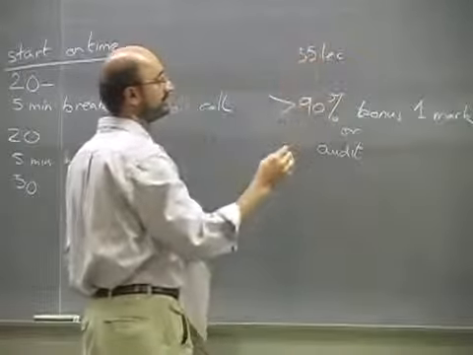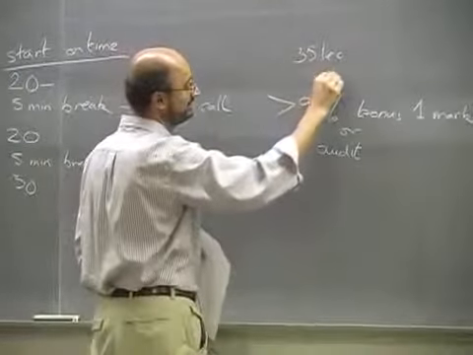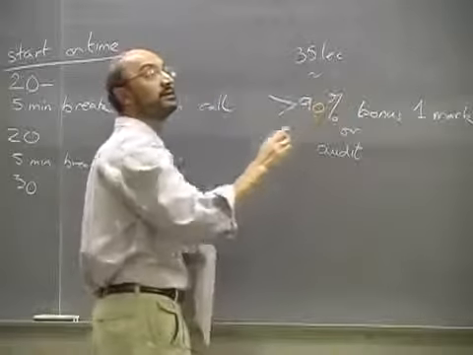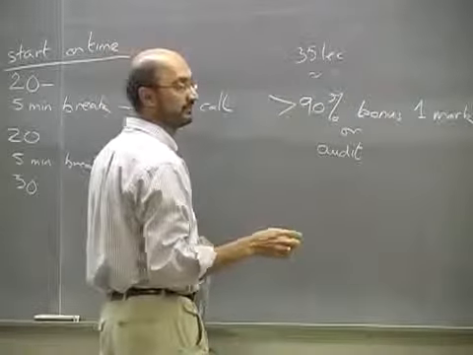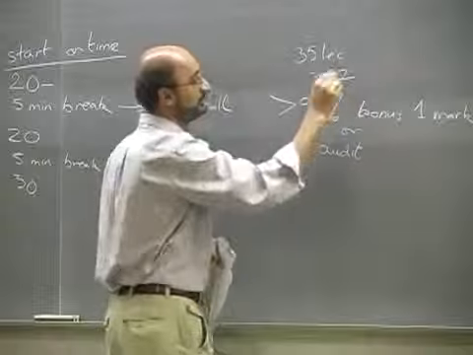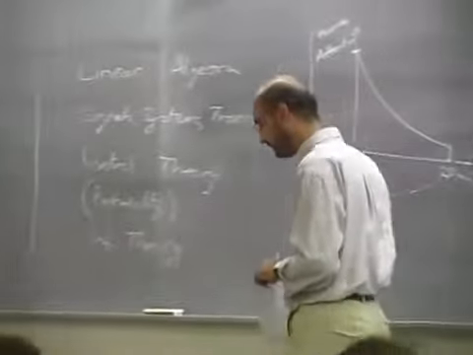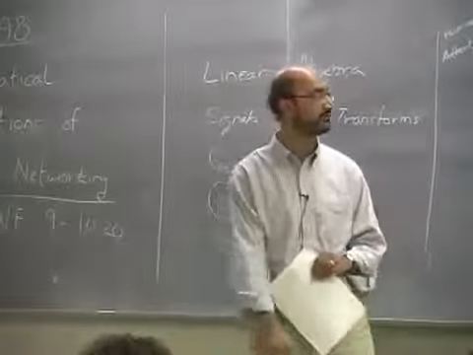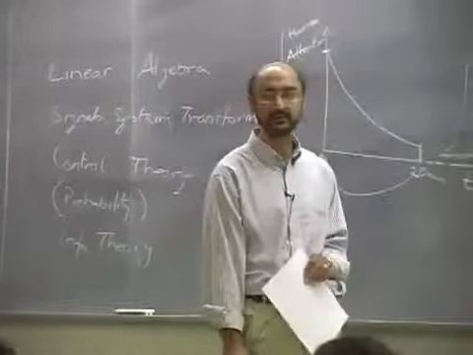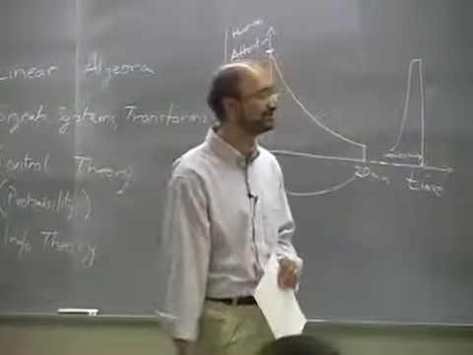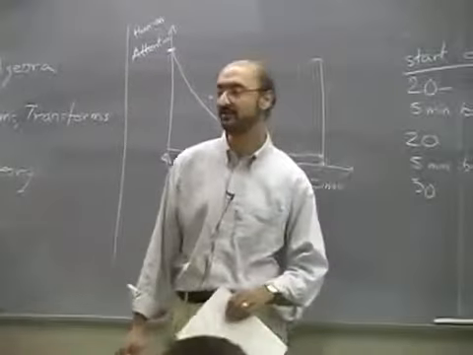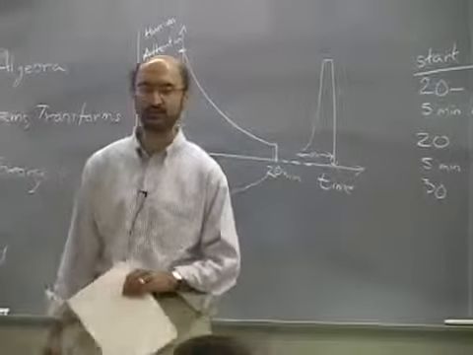I think 90% works out to be approximately 30, or is it more than 30? Let me see, 27 and 45, so 32. So yeah, that's about right. 10% would be 3.5. So we'll round that down to 3. So you have to be here in basically 32 lectures to get that one. You can miss 3.